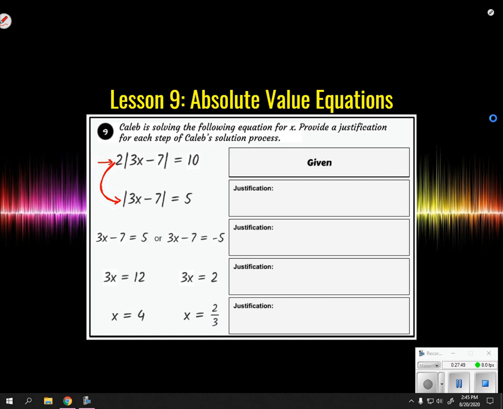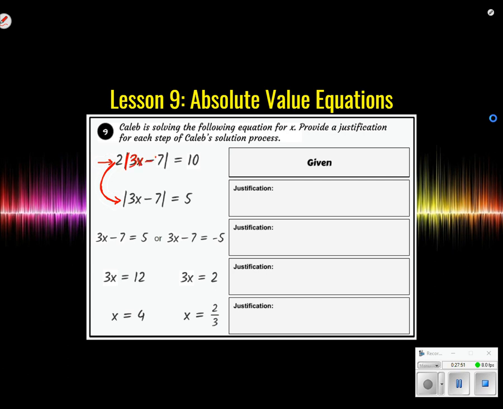What changed? See, my absolute value, 3x minus 7, is still there. That didn't change. But what happened was this 2 moved. And how do you move it? You divide by 2. So because I divide by 2 on both sides, that is the division property of equality.